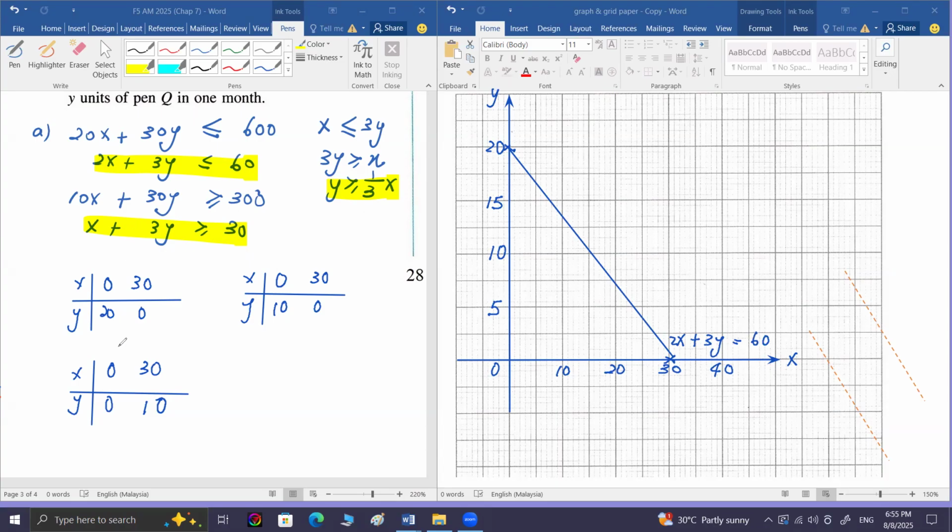Okay, next, this one: x is 0, y is 10. So same, 30, 0 here, the same. So this line is x plus 3y equal to 30. Next, this one, 30, 10.